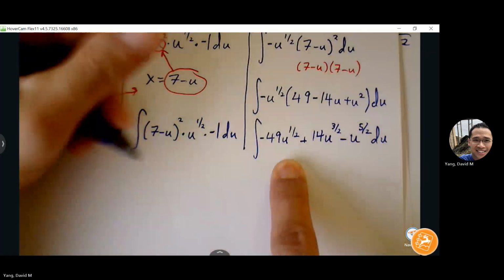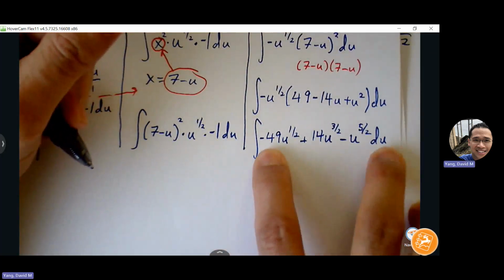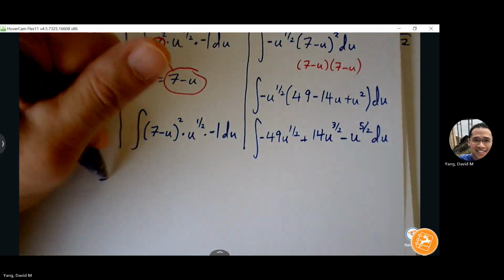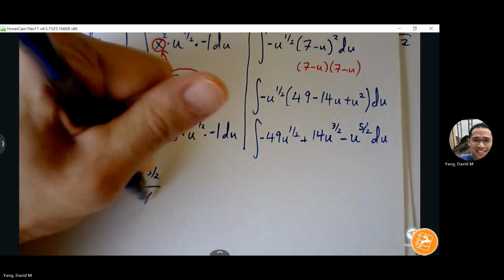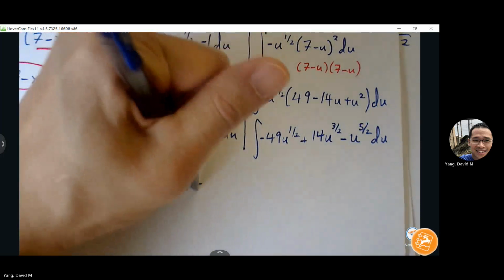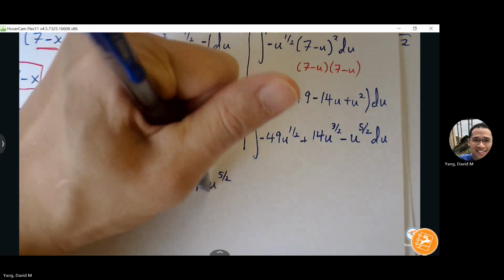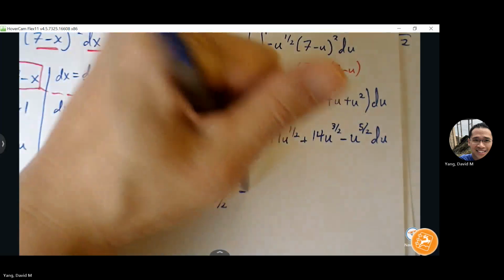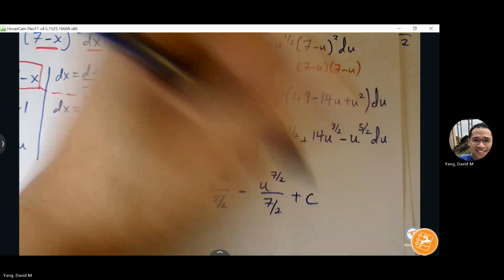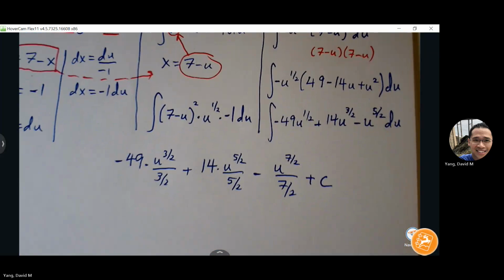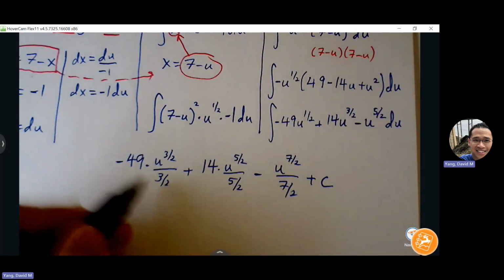Okay. Ready for power rule. Once we apply power rule, we can drop the notations there. Okay, pull the denominators up as reciprocals. -49 times 2/3.